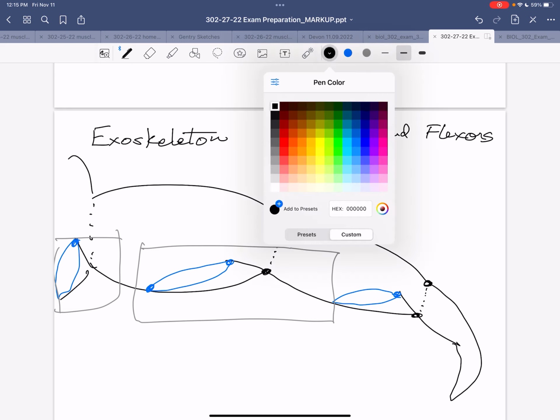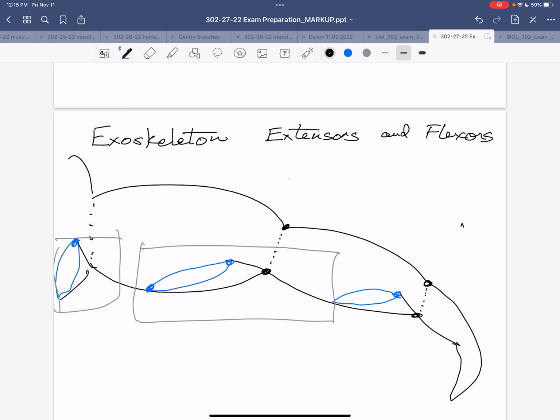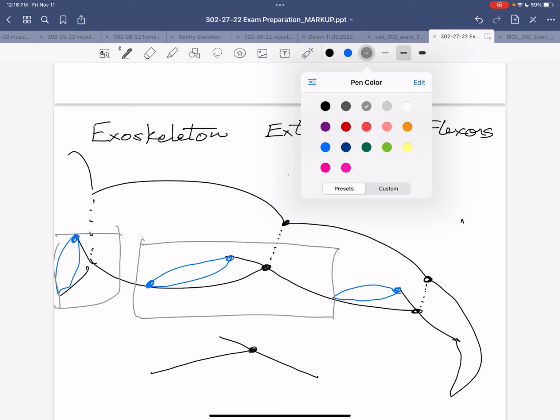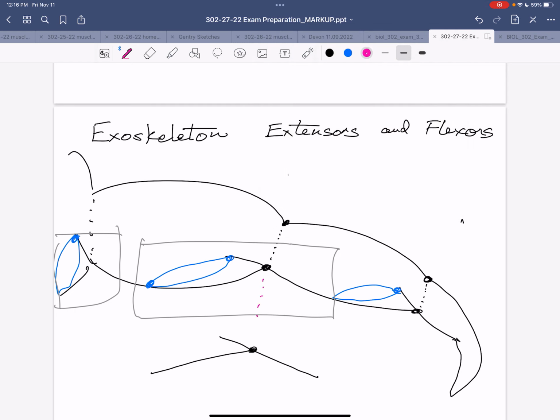For all of these, as I've drawn them, we've got a system that looks like this. Here is the pivot point, one part of the lever system and the other part of the lever system.